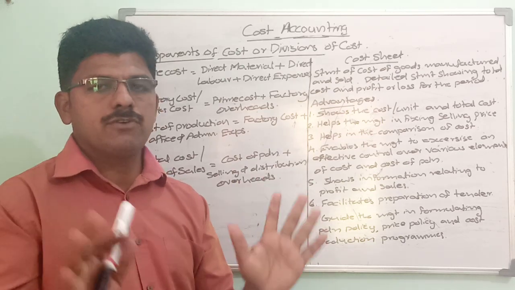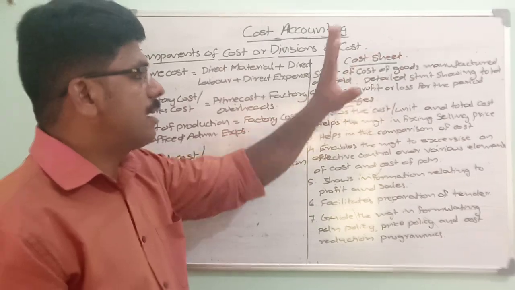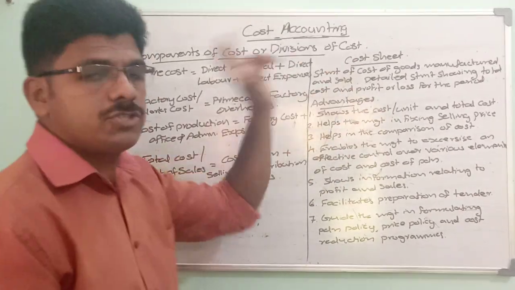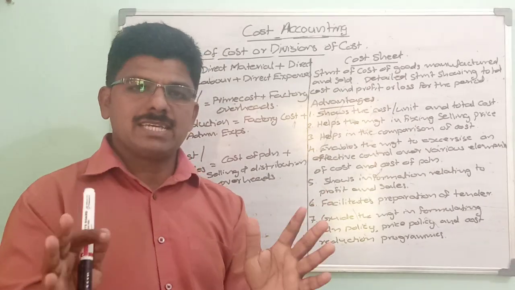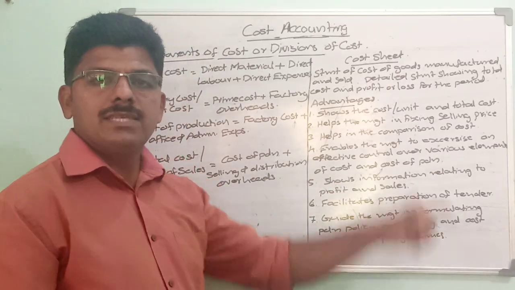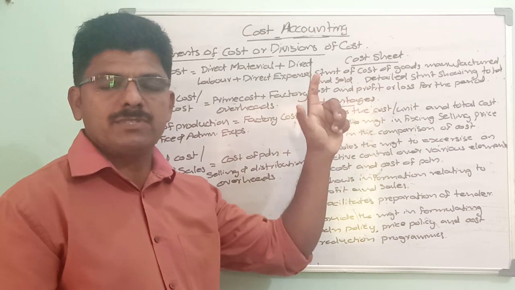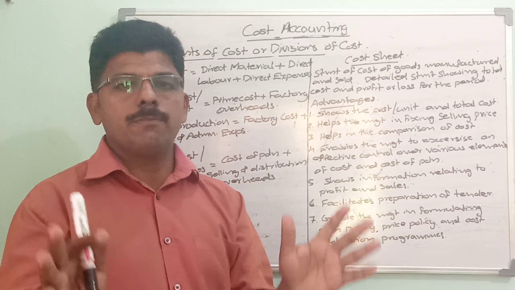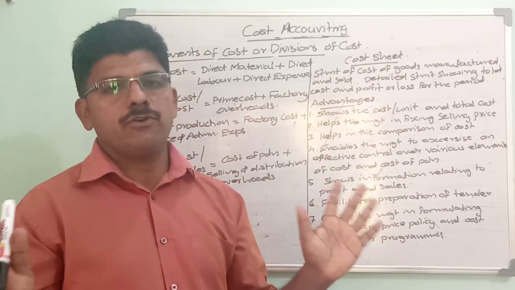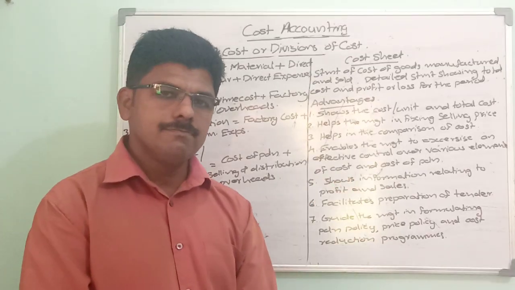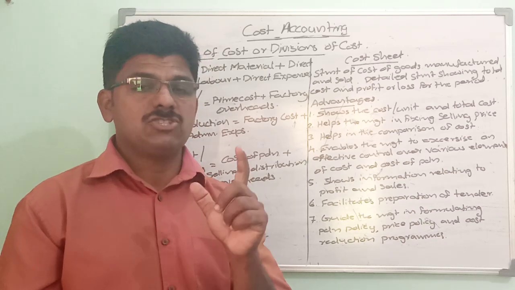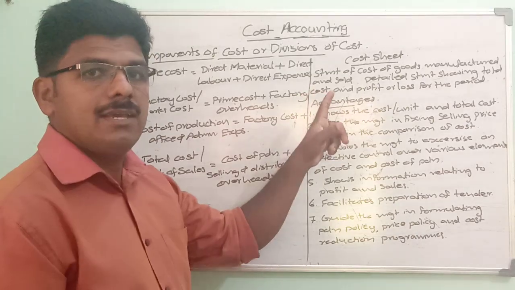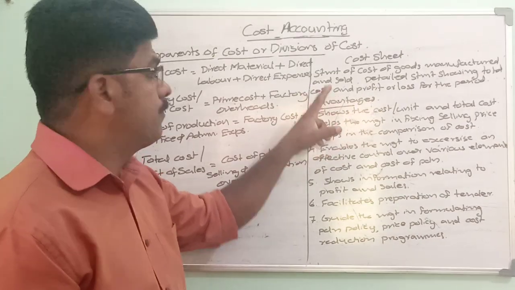Components or divisions of cost are over, and let us continue with a detailed discussion about the cost sheet. As far as cost accounting is concerned, the cost sheet performs a very important function because it is the statement showing the profit or loss of that enterprise. Let us see in detail what this cost sheet says.